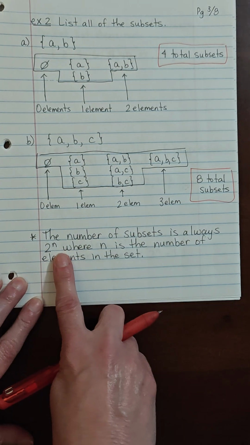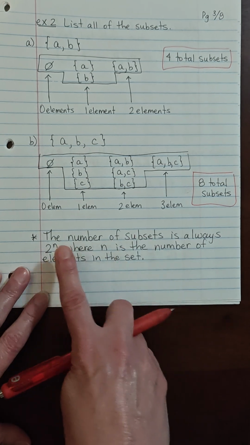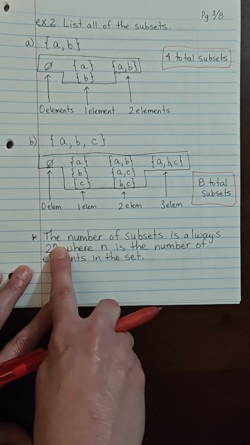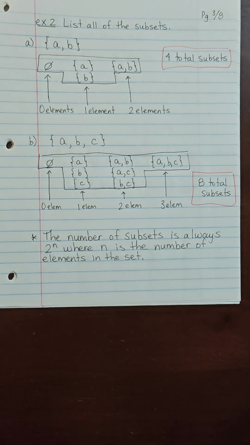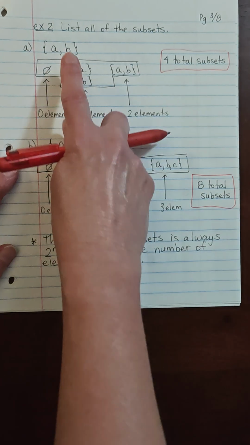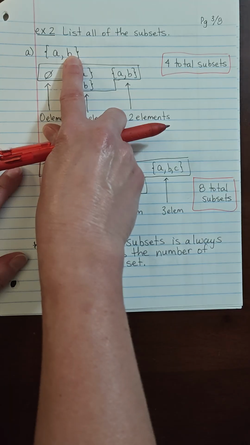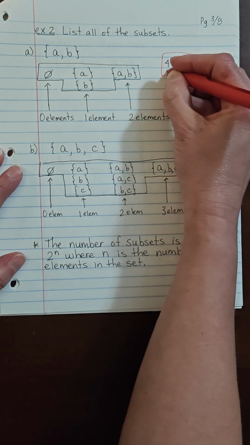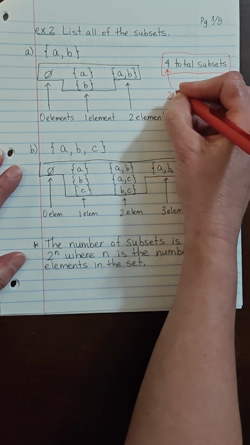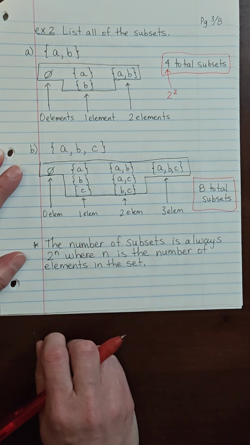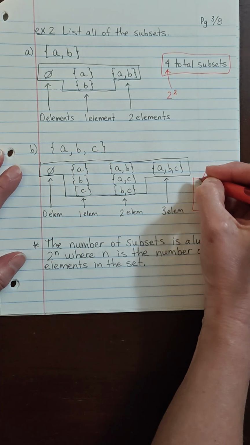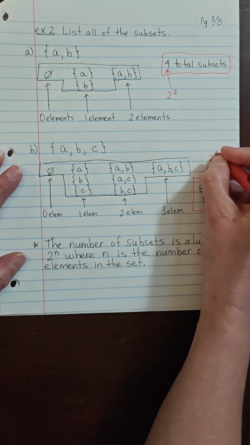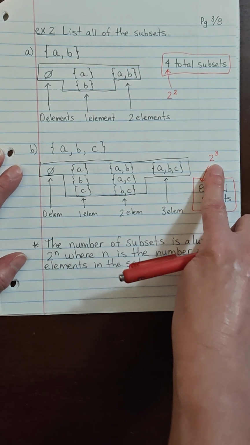So there's actually a shortcut. The number of subsets is always 2 to the n power, where n is the number of elements in the set. n is the cardinality. So here, 2 elements. That 4 right there came from 2 to the 2nd power. This is 8. Look, 1, 2, 3 elements, so it's 2 to the 3rd power. Now, be careful, that's not 6.